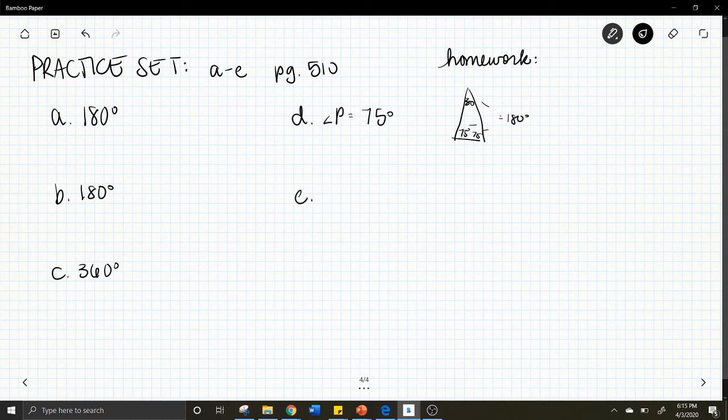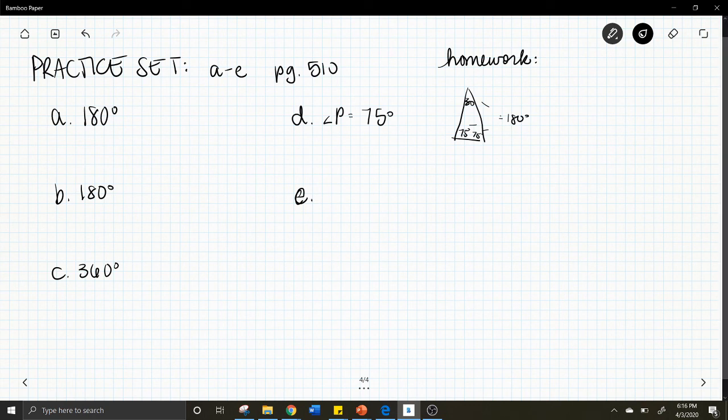And letter E, what is the measure of each interior angle of a regular quadrilateral? So remember, a regular quadrilateral means that all of the sides of the quadrilateral are going to be the same length. So if all the sides are the same length, what is the measure of each interior angle?